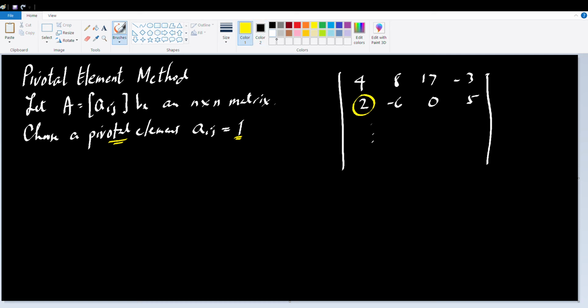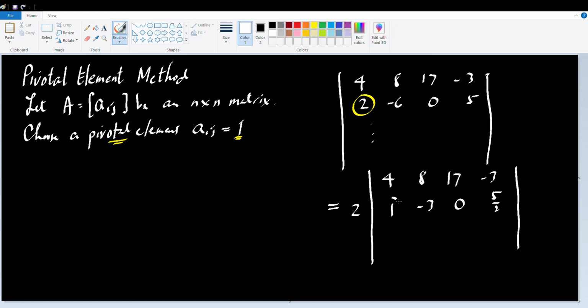Now, the determinant will be the same if you factor 2 from the elements along the second row. You retain all the other entries, 4, 8, 17, negative 3, and you factor 2 from the second row, so that will be 1, negative 3, 0, and 5 over 2. In that way, you will now have a pivotal element that is equal to 1.